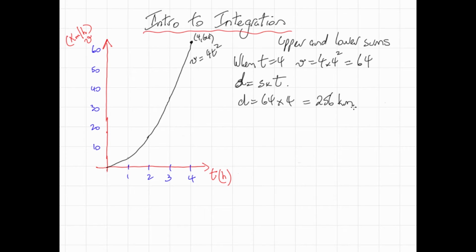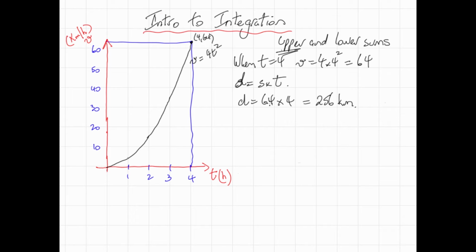It was only travelling at 64 kilometres an hour for one instant right at the end. But this is an example of what we use when we're talking about an upper sum. If I was to draw a rectangle that went from here up to there and across, the area of that rectangle is 4 times 64, and that's how we get that.